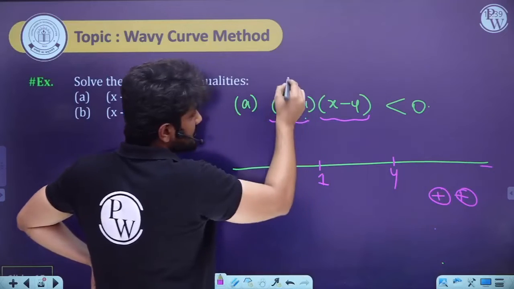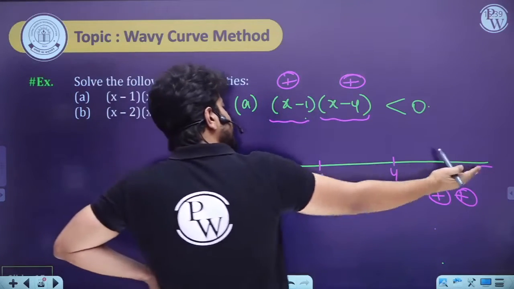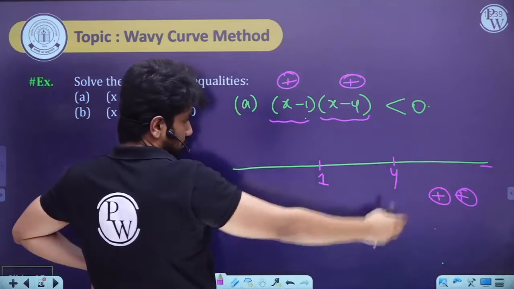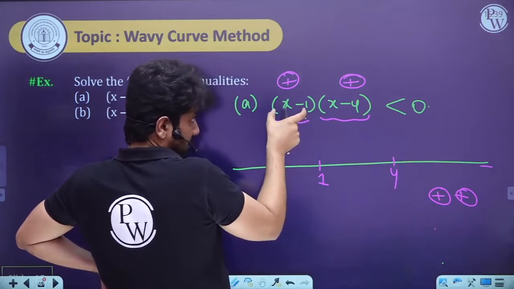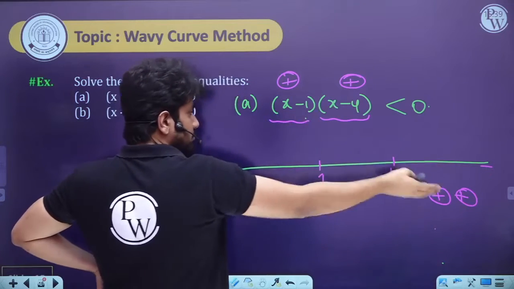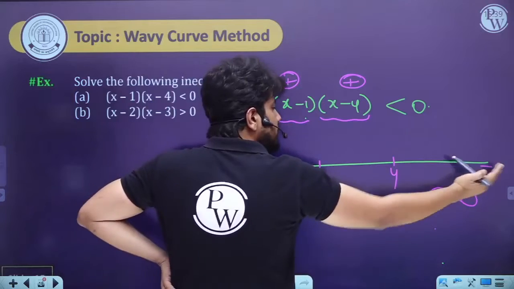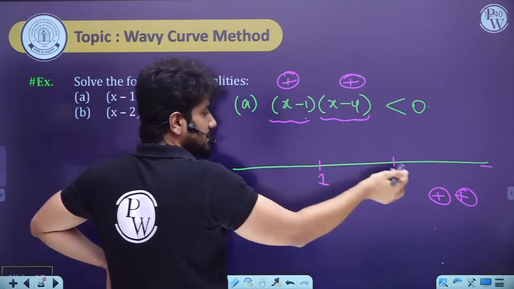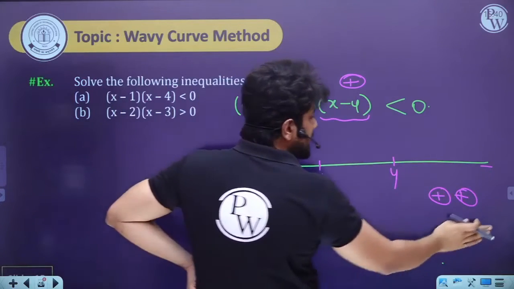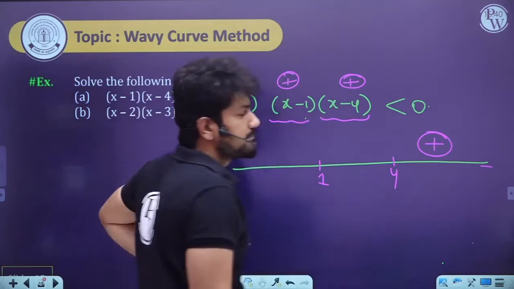The factor x minus 1 is positive, and this factor is also positive if you put any value of x greater than 4. If you put 5, let's say, 5 minus 1 is positive, 5 minus 4 is positive. If you put 6, 7, 8, or 4.5. So to the right of 4, both the factors are positive, so definitely their product is going to be positive.